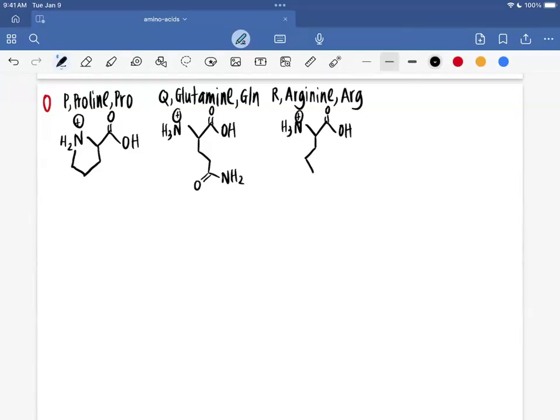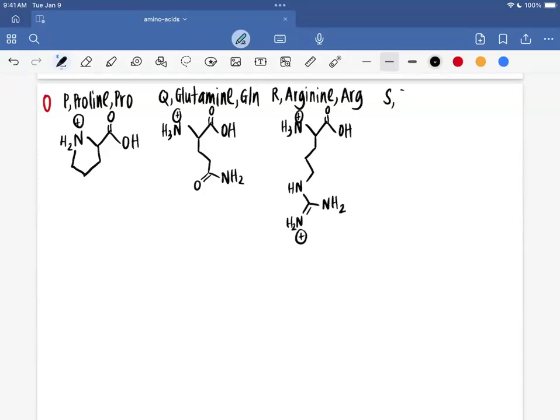And from that delta carbon is going to be an NH that is followed by another carbon, which has a double bond to NH2 that has a positive charge, and a single bond to NH2 on the other side. So this is another basic or positively charged amino acid.